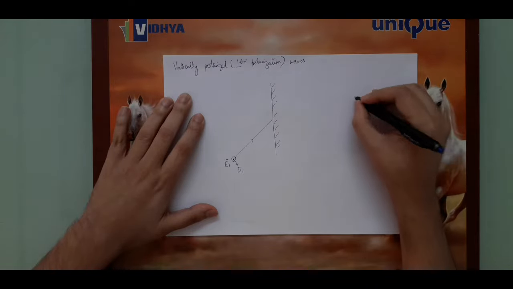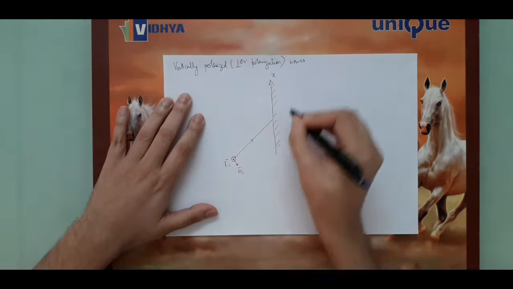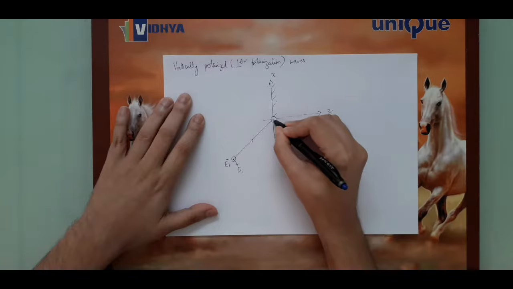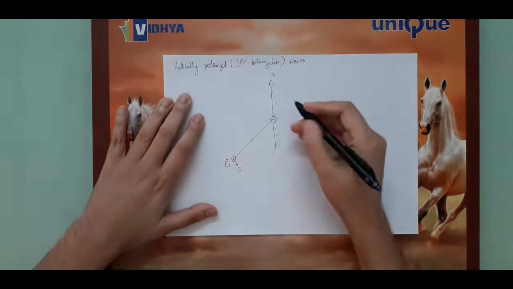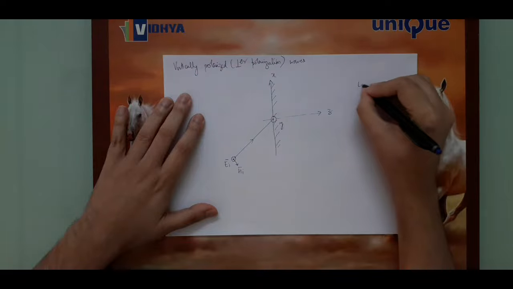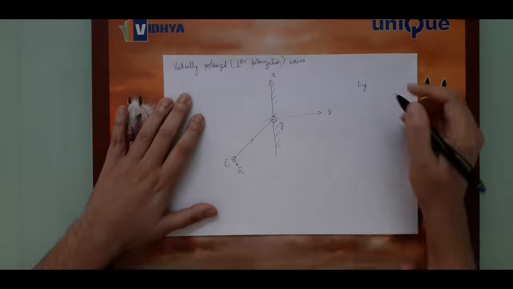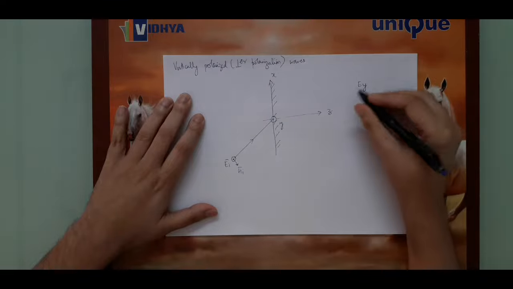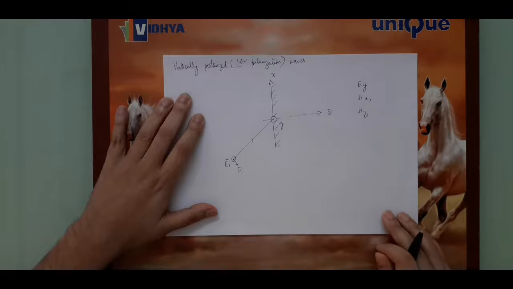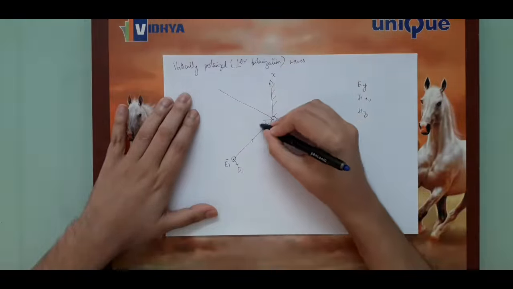The boundary is along the x-axis, the normal is the z-axis, and the y-axis is perpendicular to the plane of the paper. So the electric field has a component Ey, while the magnetic field has Hx and Hz components. Likewise for the reflected wave, something very similar.